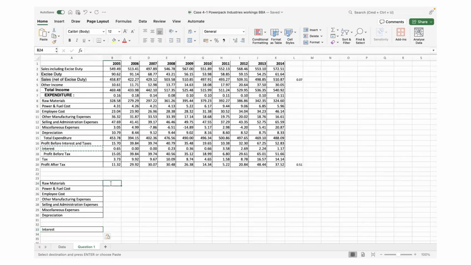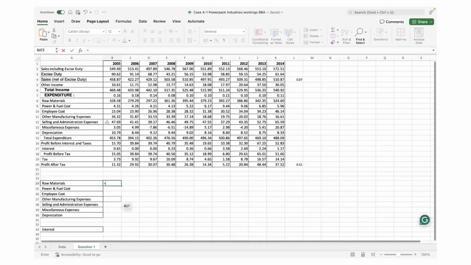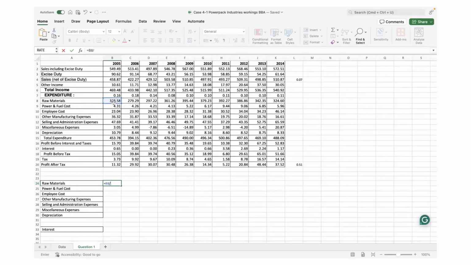Let us put this number: raw material cost as a percentage of sales net of excise duty.